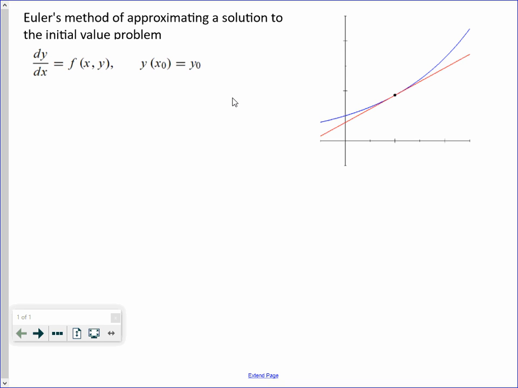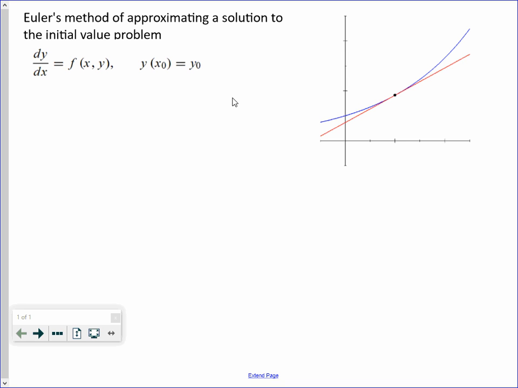Okay. The problem situation is this: we have a first order differential equation (ODE). It's an initial value problem because I know what the derivative is. It's f of x, y, and I know what it is at a particular spot.